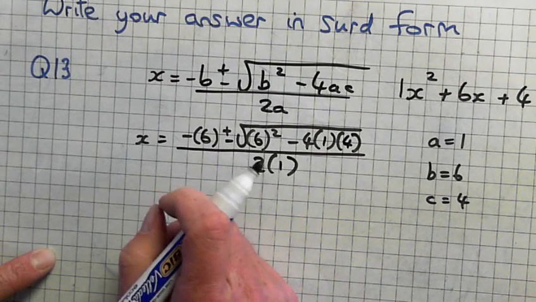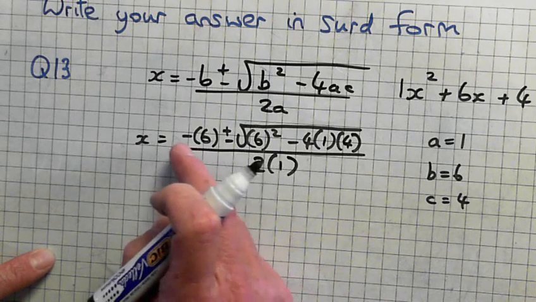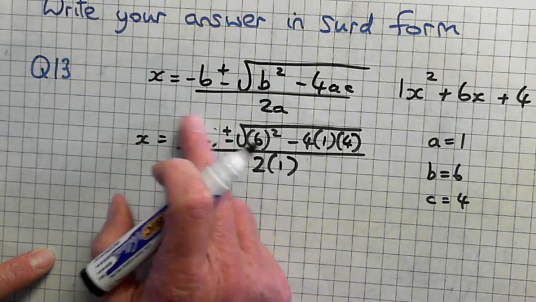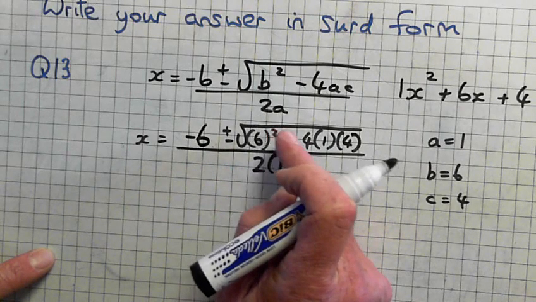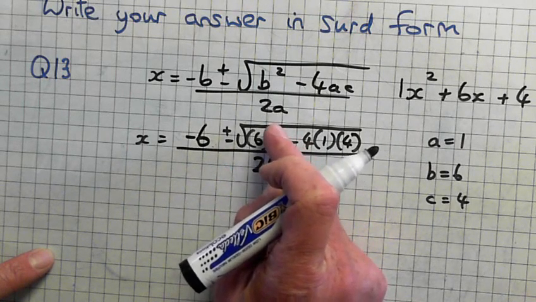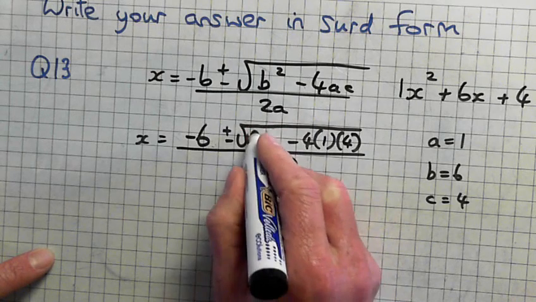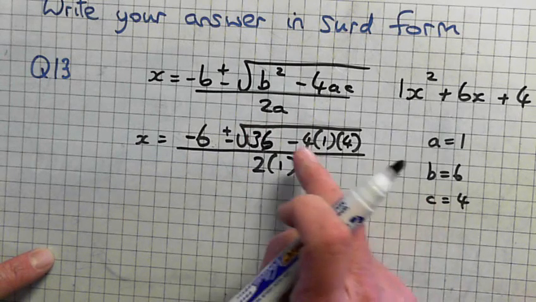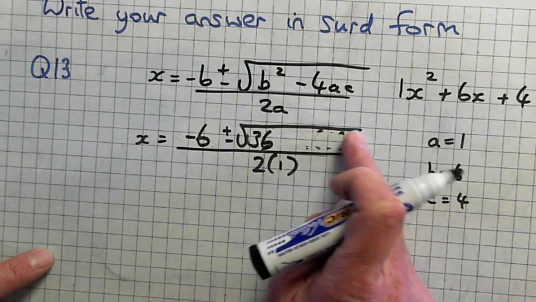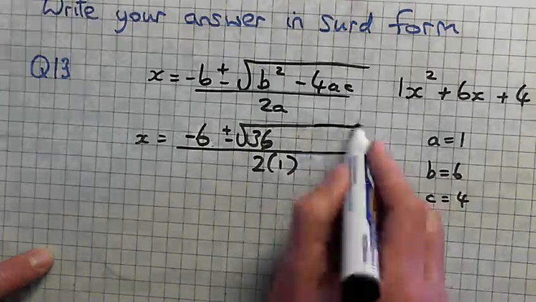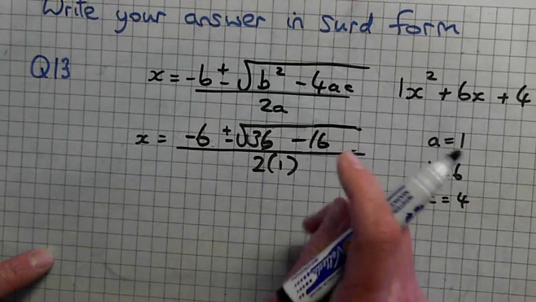Minus 6. What's 6 squared? It's 36. You learn more by looking up. What's minus 4 times 1 times 4? Minus 16. What's 36 minus 16?